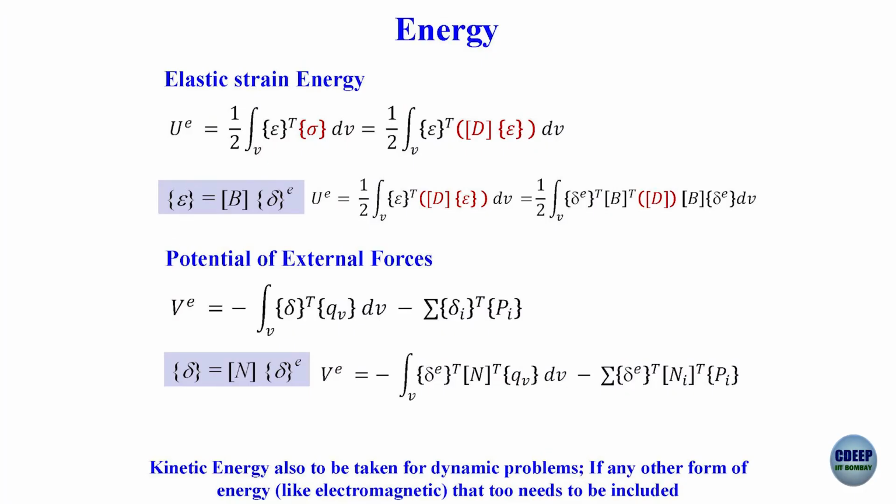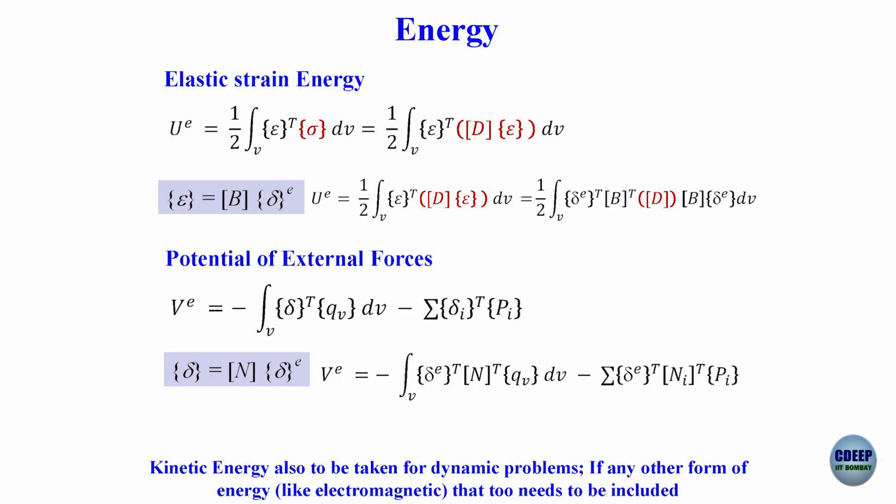So, B into delta e. So, therefore, we got a generic expression for the strain energy irrespective of which finite element I am going to formulate, whether it is a triangular element, quadrilateral element with 4 nodes, 8 nodes, whatever. This expression is valid for all the structural mechanics problems.